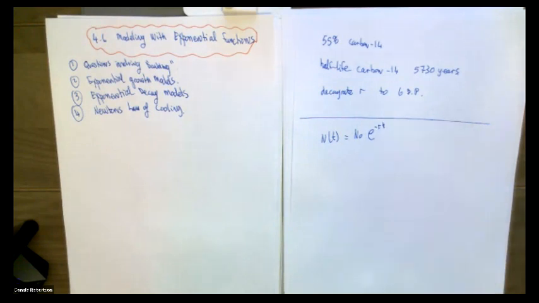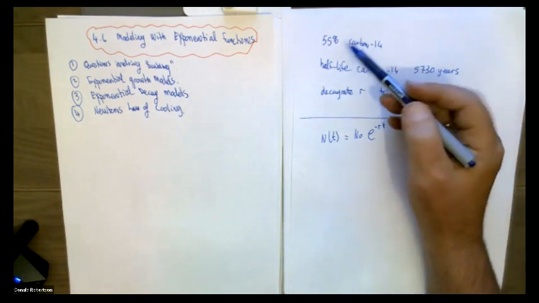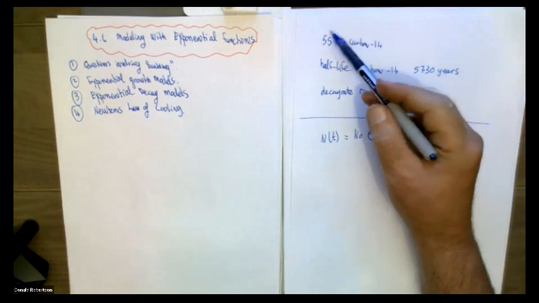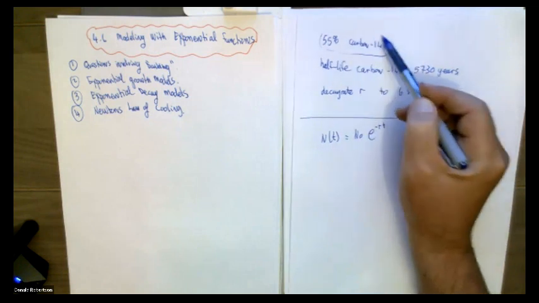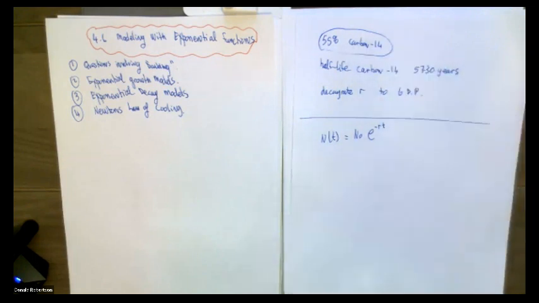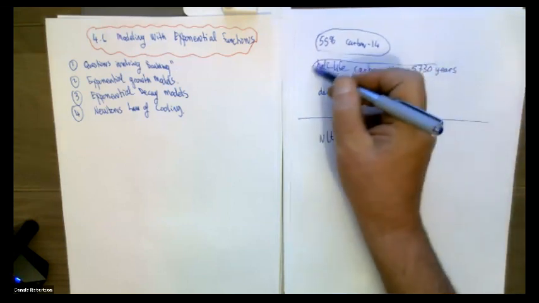That is a radioactive decay model. There isn't any mention of the initial amount, so we'll forget about that for the time being. That's not the initial amount, that's how much was left at some time in the future. We don't know yet because that's going to be a later question. Let's just get the model using this piece of information here.